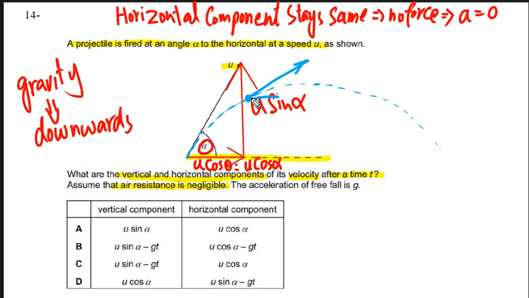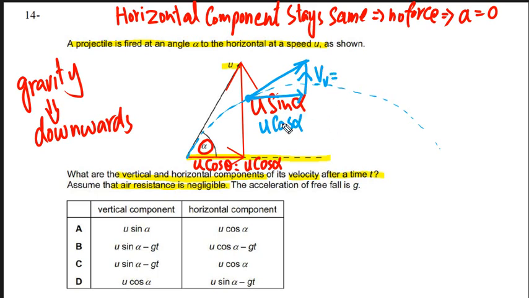So we can resolve this velocity into two components, a horizontal component and a vertical component. As the horizontal component is not changing, it will stay the same, so this horizontal component will be equal to u cosine of alpha. Now we need to find the vertical component, v v, at this point.